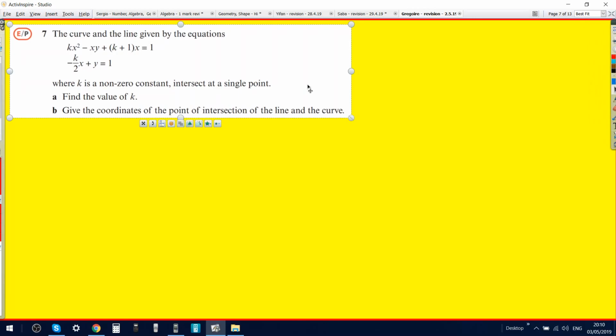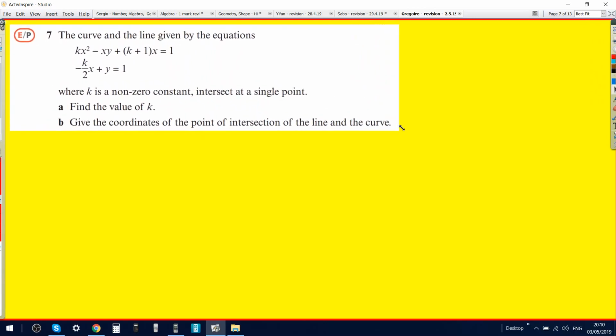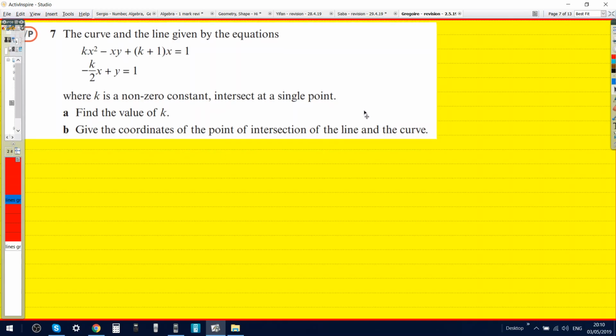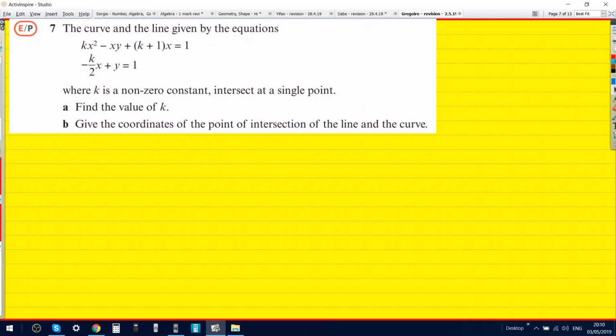Okay, let's try this. So the two lines intersect at a single point.